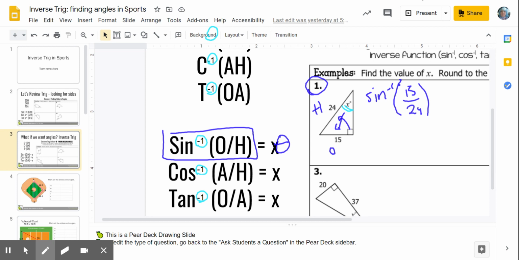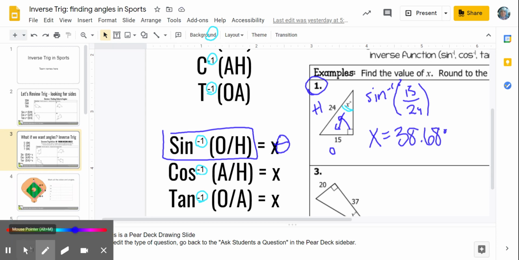Remember, you still need to be in degrees. And then boom. 38.68. So try number 2 or number 3 and see what you get.